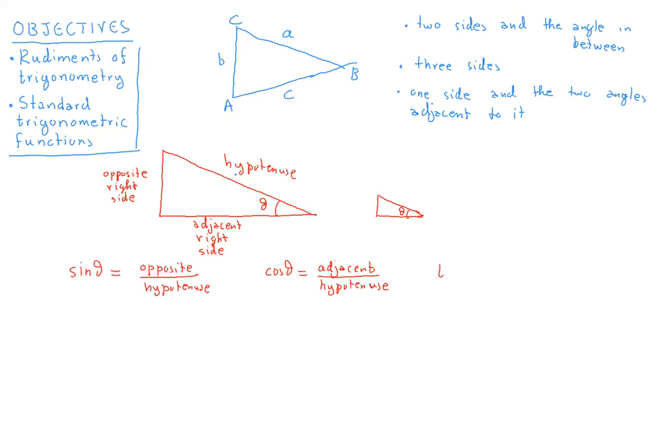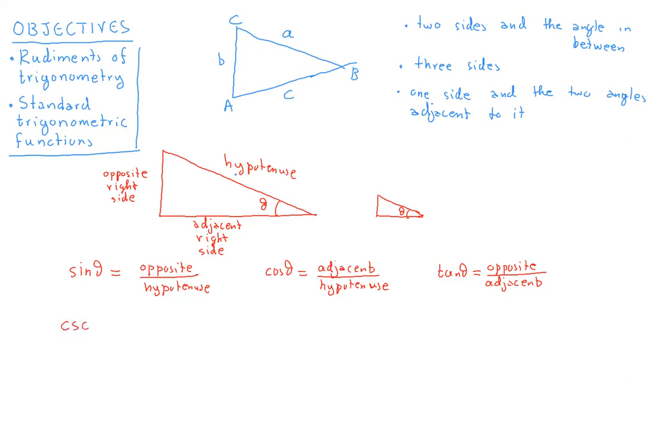And finally, the tangent of theta was the opposite right side divided by the adjacent right side. Interestingly enough, we also have the reciprocals of all these numbers. So the reciprocal of sine is called cosecant.